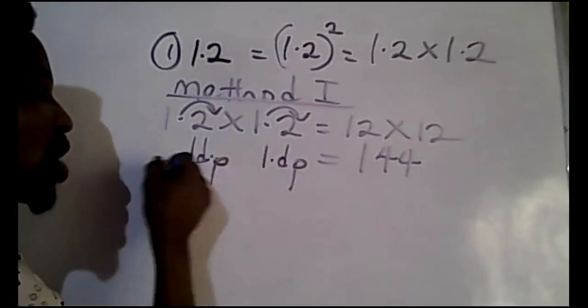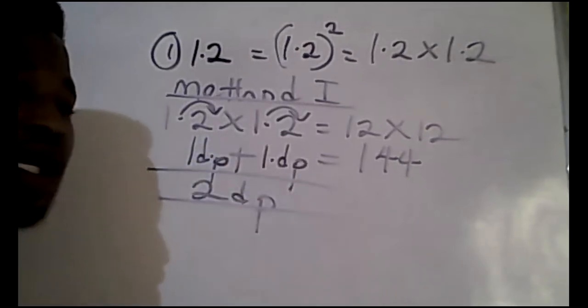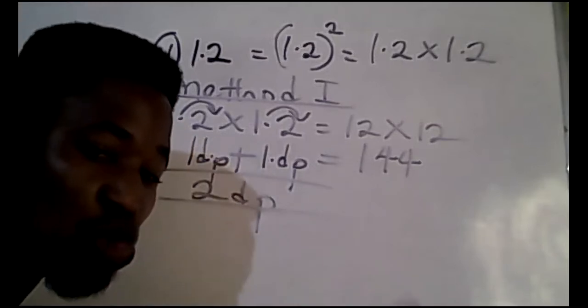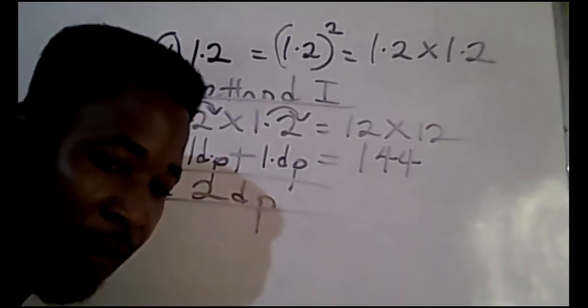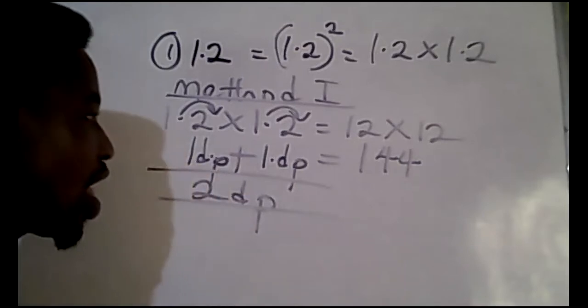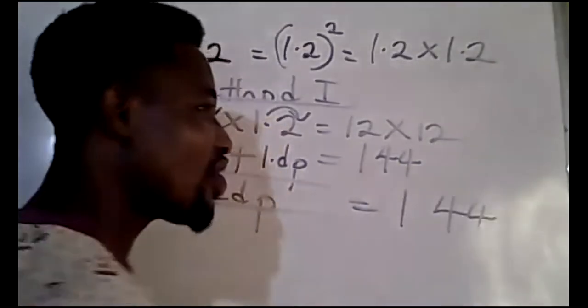So if you add it together, you have 2 decimal places. And the interpretation of that is that in your answer, there should be 2 digits after your decimal point. Is that clear?